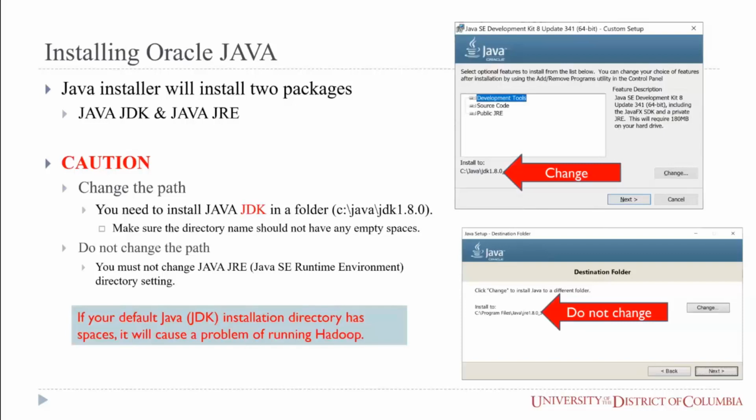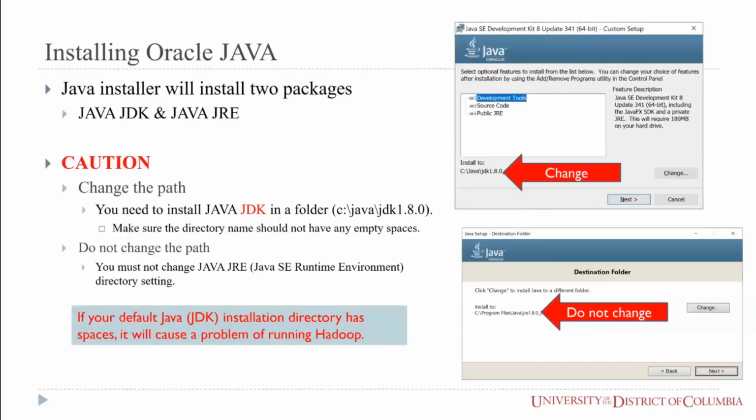So there are two different things. The Java JDK is this one. You need to change the directory path, especially when installing on a Windows machine. However, for the second part, the Java Runtime Environment, JRE, you don't need to change anything. Only the first one, right?